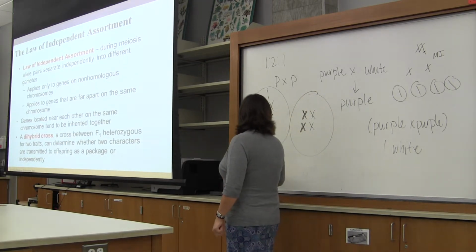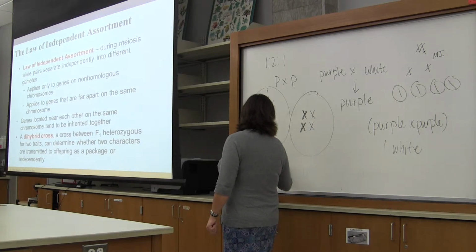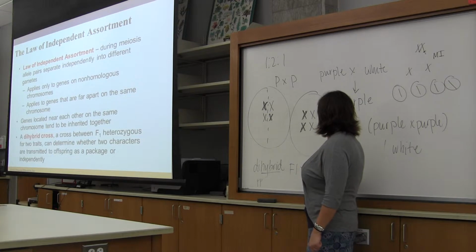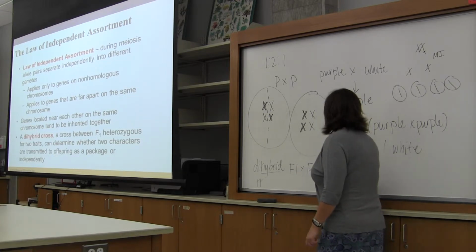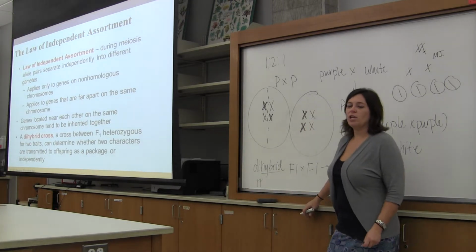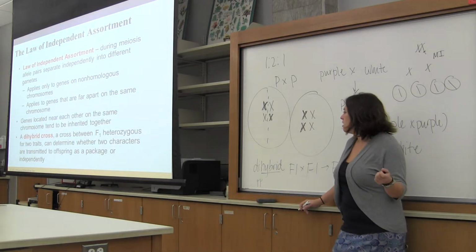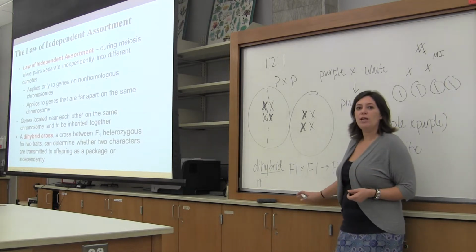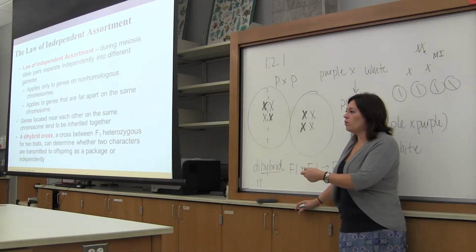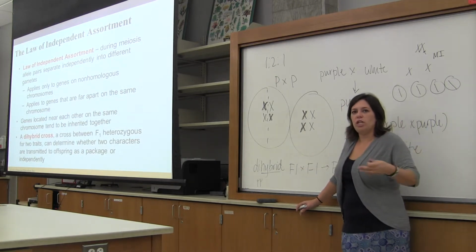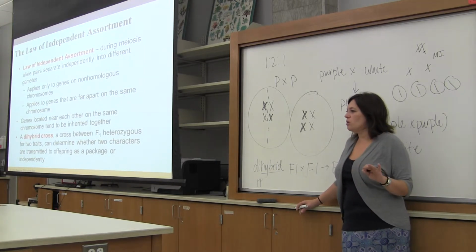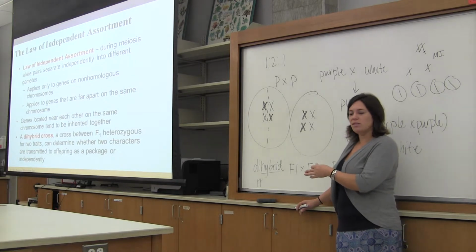Di in Latin means two, and hybrid means we're still crossing the F1 generation to one another to get the F2. It's just that in a dihybrid cross, instead of looking at only one trait or gene, we're looking at two of them. You can also do a trihybrid cross, following three different genes, but obviously the more genes you throw in there, the more complicated the genetics get. So as far as we're concerned, we're going to stop at a dihybrid cross.